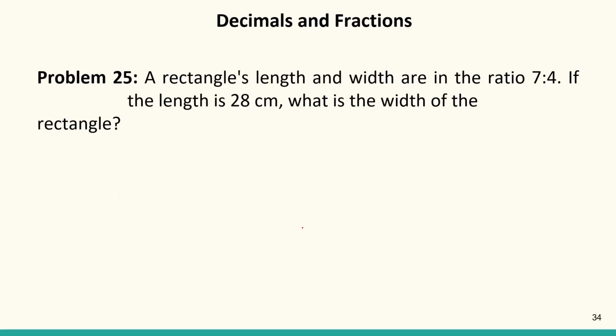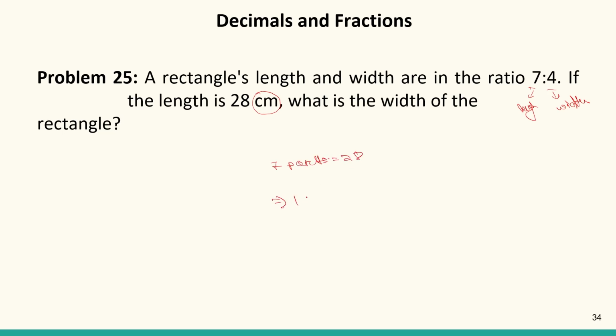A rectangle's length and width are in the ratio of 7:4. If the length is 28 centimeters, here look at the metric system, it is in centimeters. So the length part is 7 and the width part is 4. Given that length is 28 centimeters, so 7 parts is equal to 28.